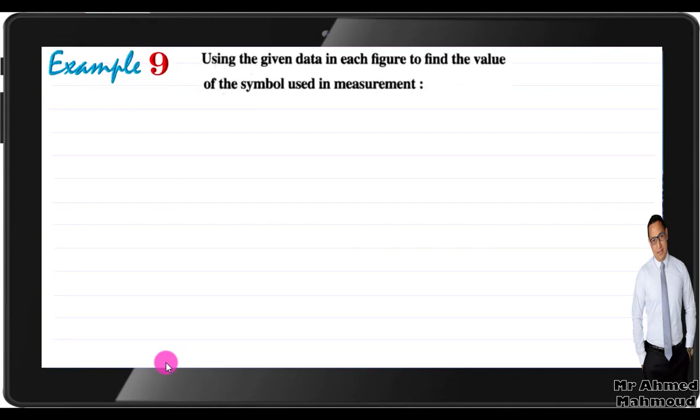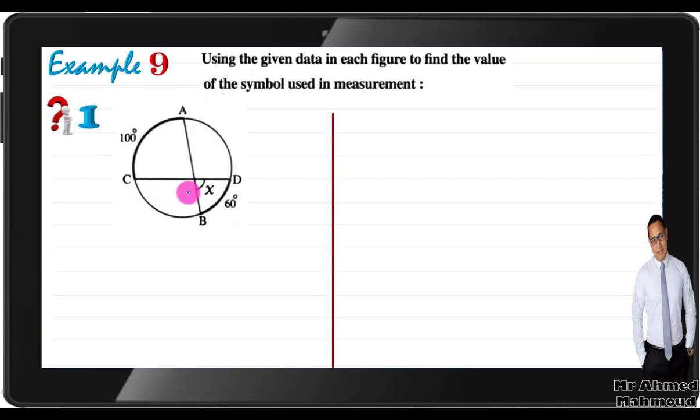Example 9. Using the given data in each of the following figures, find the value of the symbol used in measure. Number 1, x is inside the circle, so x equals half 60 plus 100. X equals half, open brackets, 60 plus 100, equals 80 degrees.